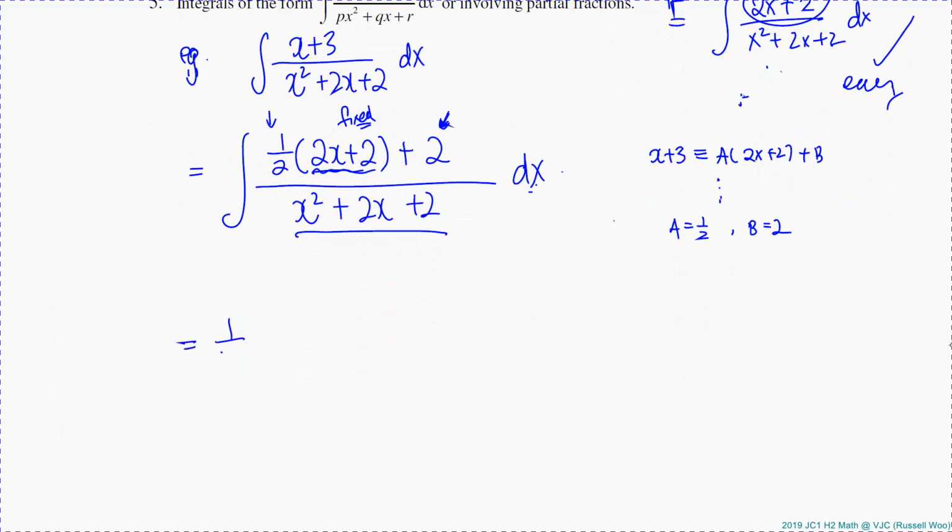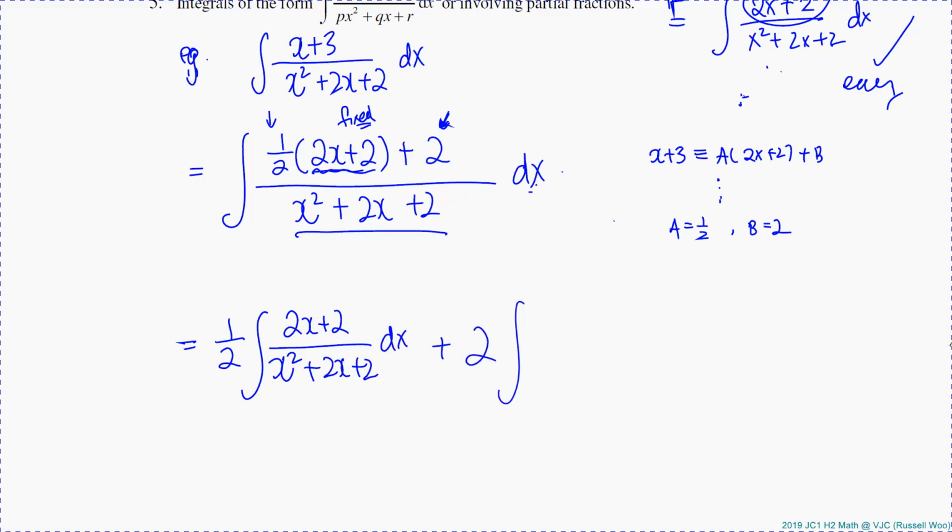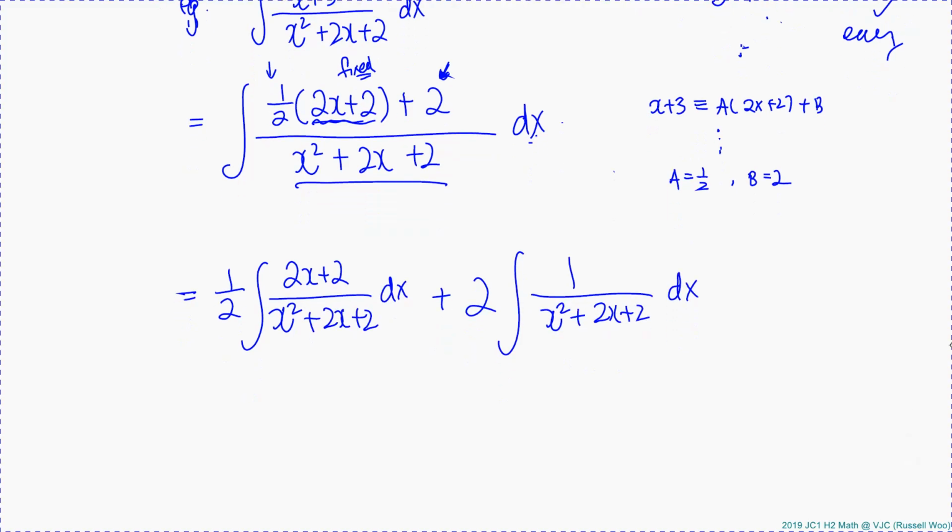It's actually half integrate 2x plus 2 over x squared plus 2x, plus 2 integrate 1 over x squared plus 2x. I don't think I need to continue anymore because this is of the form f prime x over f x. This is what you have done earlier. You rewind the video and you know what I mean. It's easy.